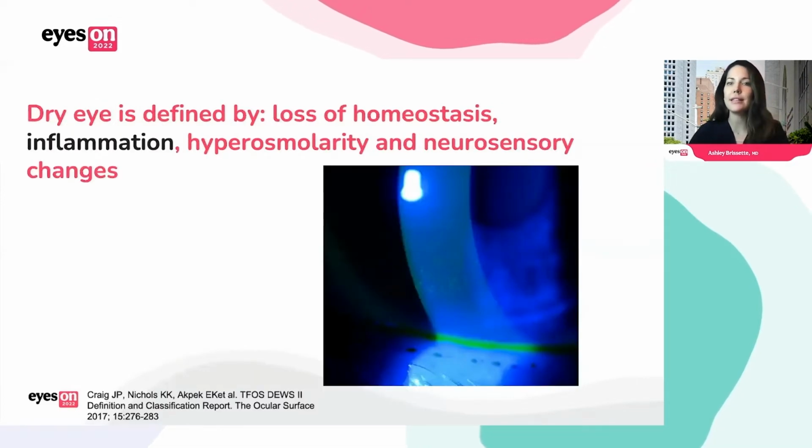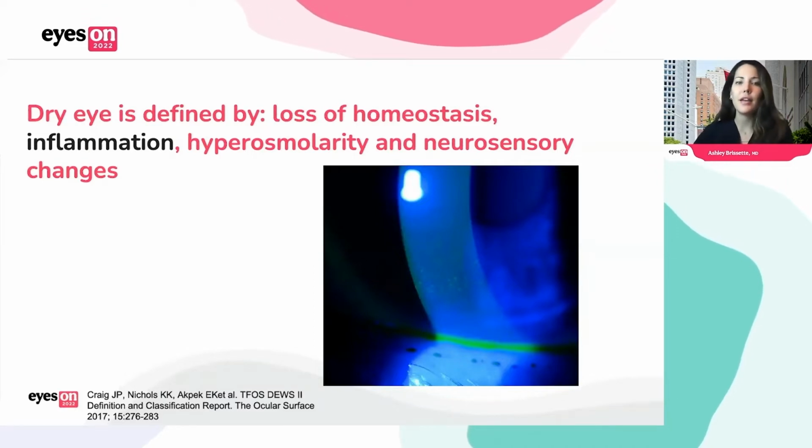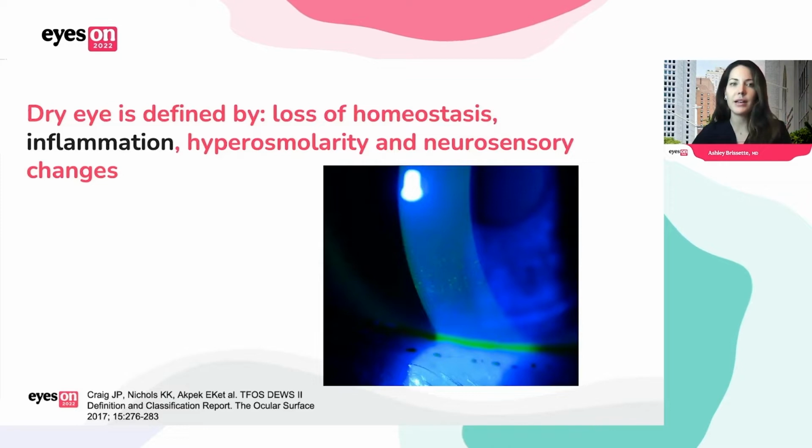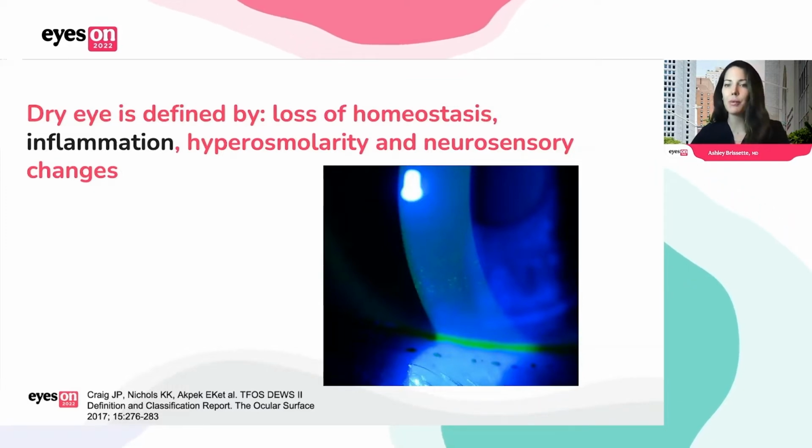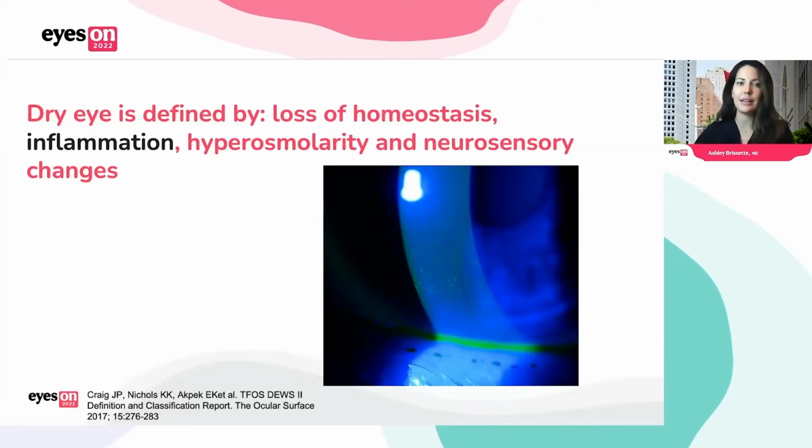So dry eye disease is defined by loss of homeostasis on the ocular surface, inflammation, hyperosmolarity, and then leading to neurosensory changes. And this definition comes from the TFOS DEWS II, which was a publication from 2017, which really looked at the underlying causes of dry eye disease, treatment options, and especially this neurosensory pathway and changes that can occur with dry eye disease.